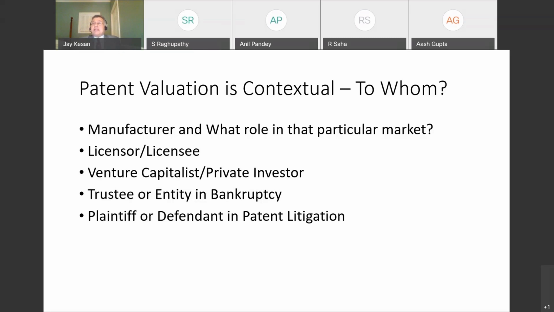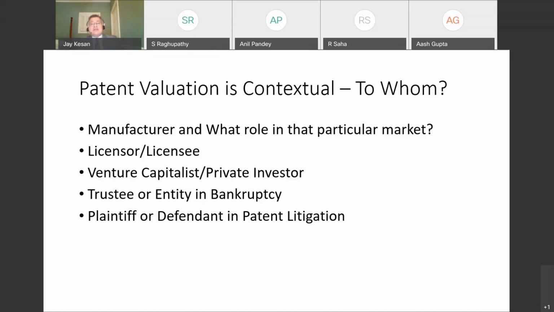Now, the plaintiff is a manufacturer. Otherwise, if he's not able to prove lost profits, or if he's not a manufacturer, then the plaintiff may still get a reasonable royalty. So he may get a small percentage of the total infringing sales made by the defendant, but that percentage depends on how significant and how important the plaintiff's patent is to the product being sold by the defendant.